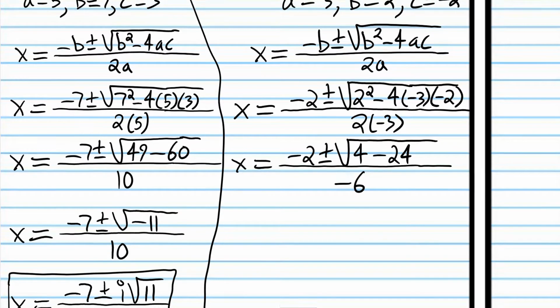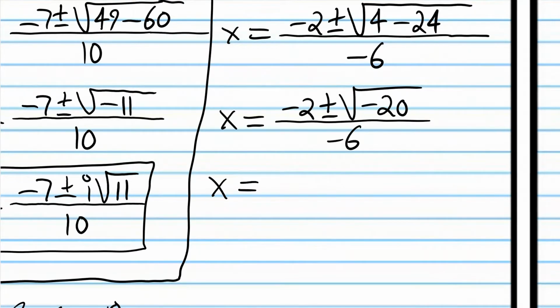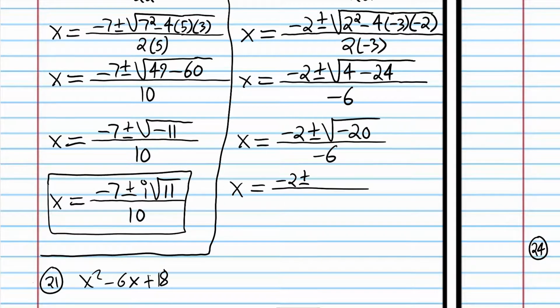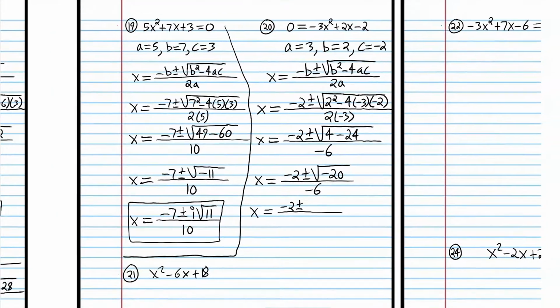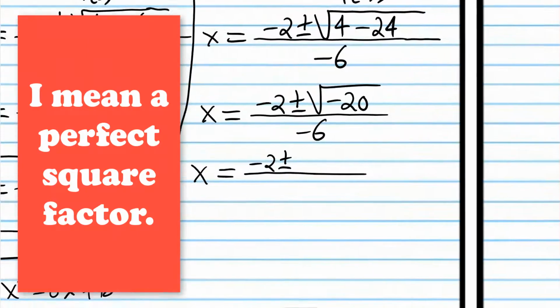So again, you can see that we're going to have a negative inside the root. Whenever you have a negative inside the root, you're going to have what they call complex solutions. Now, this is a situation where not only do we have a complex solution, but we also have a perfect square inside the root.